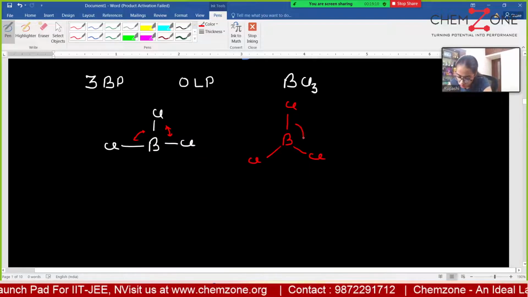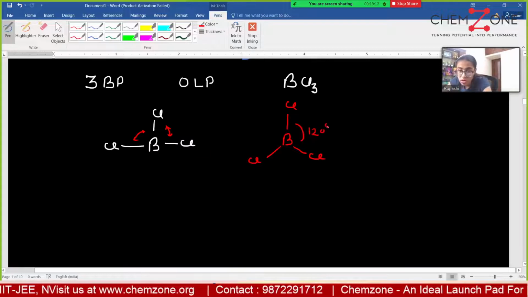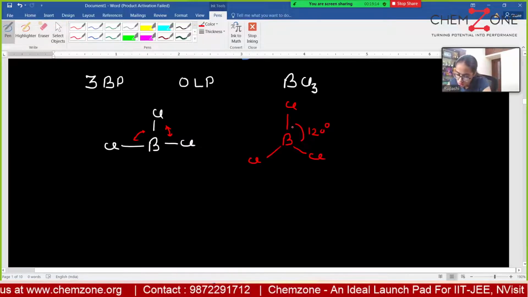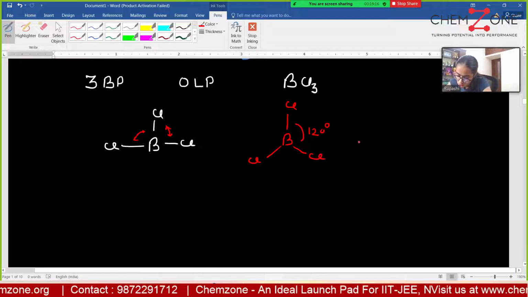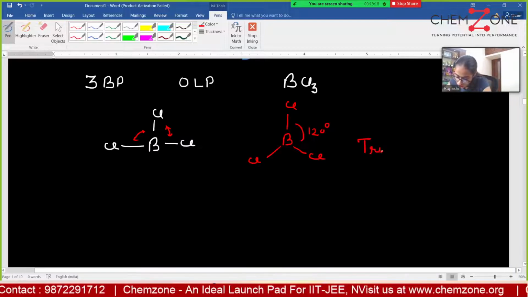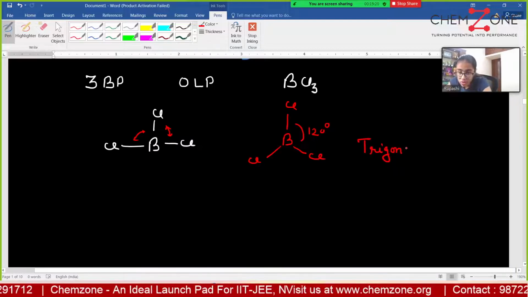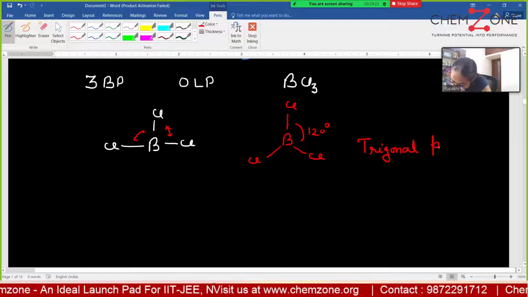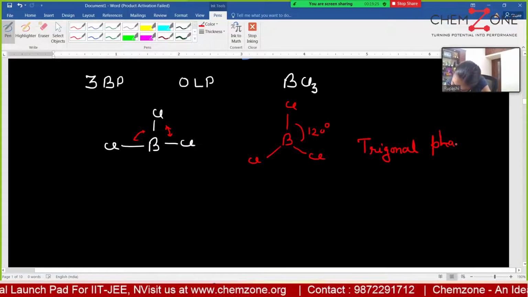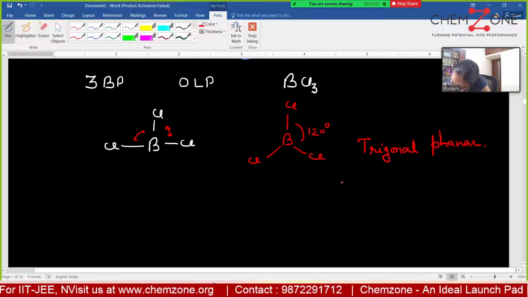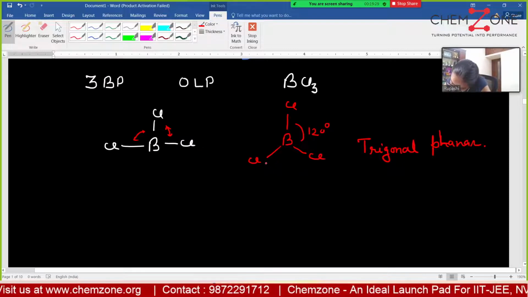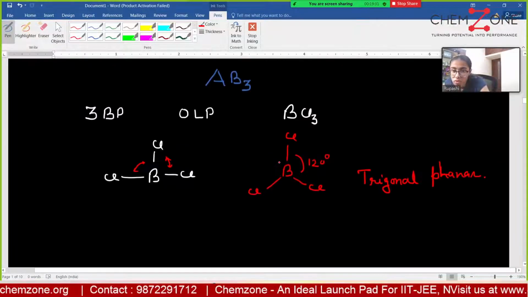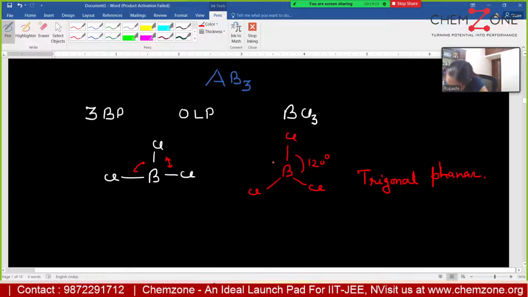So it is 120 degrees, where they get minimum repulsion and maximum stability. This is trigonal planar geometry, trigonal planar shape, for an AB3 type of molecule where we have 3 bond pairs and 0 lone pairs.